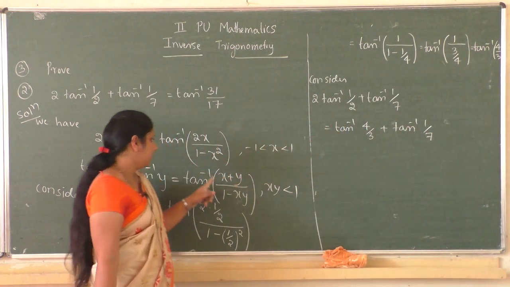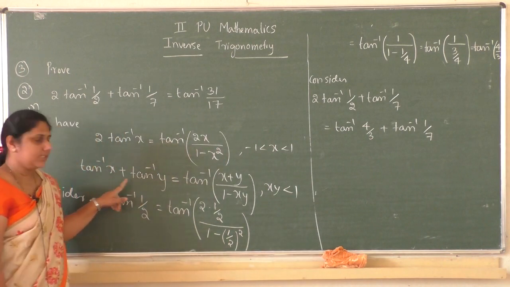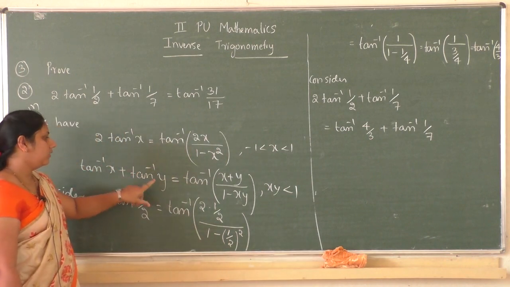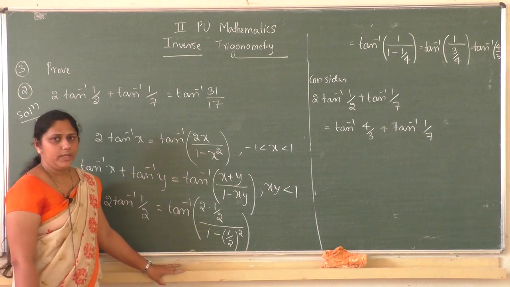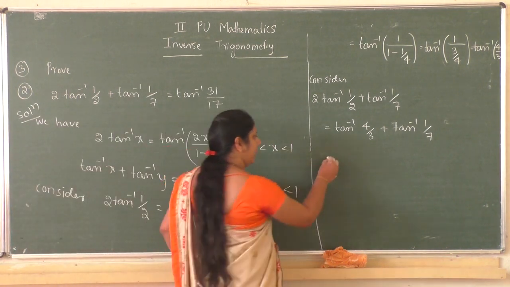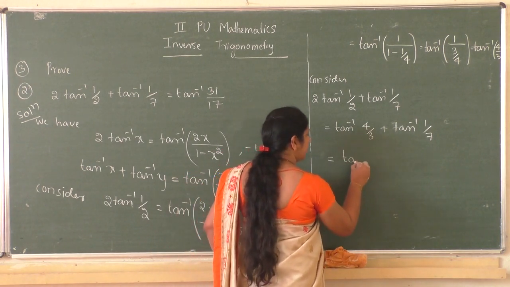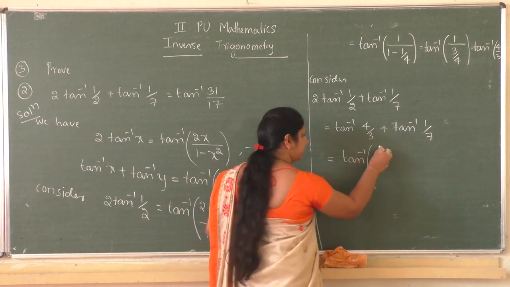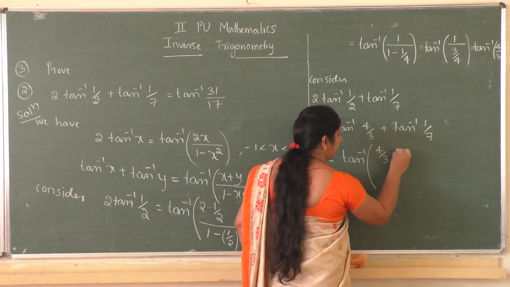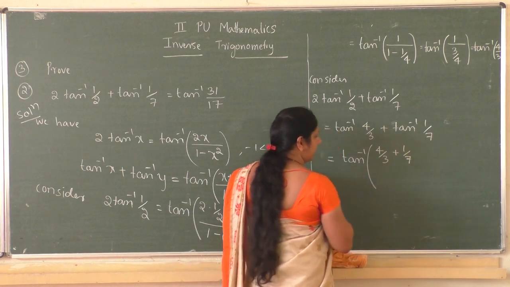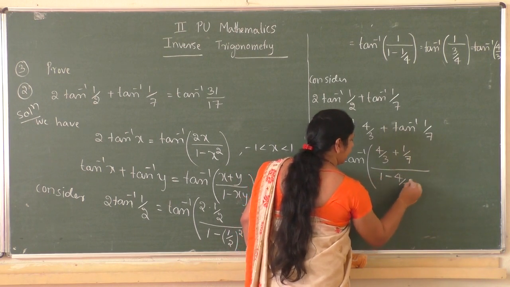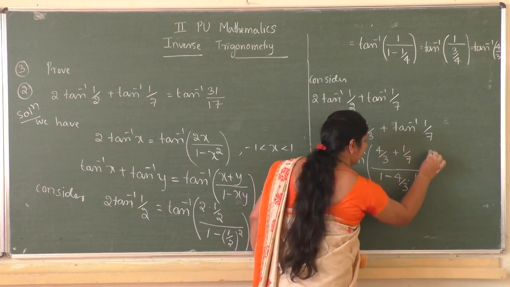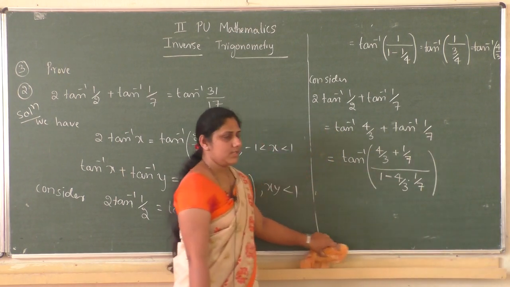Now this looks like the second formula, tan inverse x plus tan inverse y is tan inverse of x plus y by 1 minus x into y. So applying that formula, it becomes tan inverse of 4 by 3 plus 1 by 7 divided by 1 minus 4 by 3 into 1 by 7.